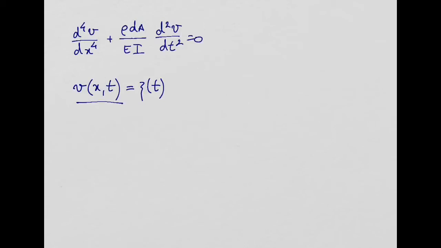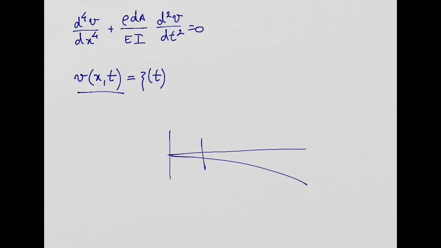One is the longitudinal coordinate x of the beam. So depending on the cross-section you are on the beam, the deflection will be different. It's quite obvious, right? If you have a beam deflecting, imagine it deflects like this. If you are in this cross-section, we'll have one deflection. If you are in this one, the deflection is going to be different, right?